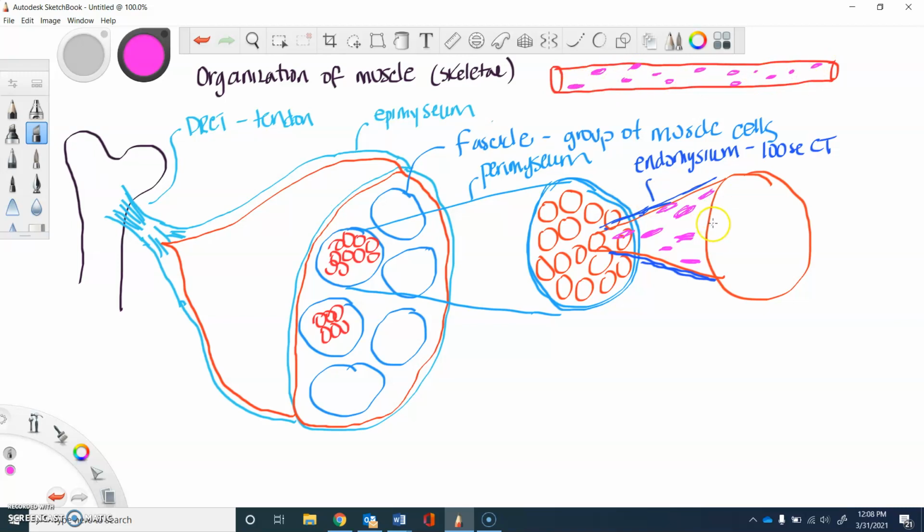So why are those nuclei shoved to the periphery of where the sarcolemma is, and why does it look striped? Well, your muscle cells are full of little contractile units called myofibrils.